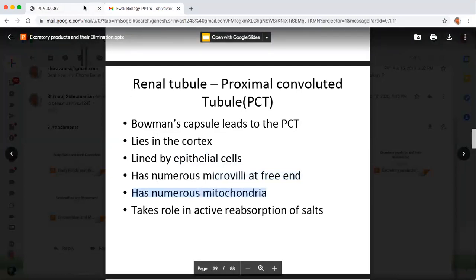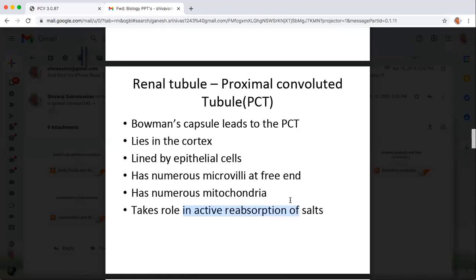Why does it have numerous mitochondria? Because it takes part in active reabsorption of salts. So here the absorption happens by active transport. If active transport has to happen, then more energy is required. Since more energy is required, it will have numerous mitochondria. Are we able to understand?